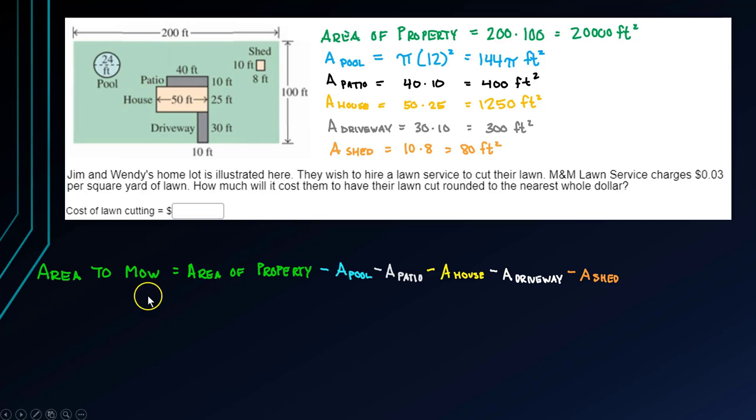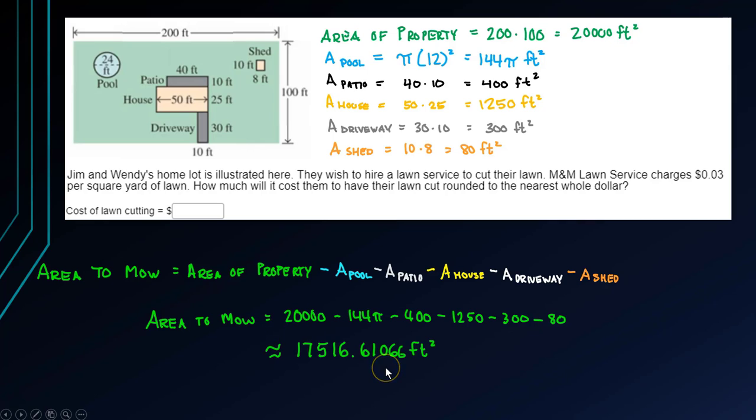I take 20,000 minus 144 pi minus 400 minus 1,250 minus 300 minus 80. When I do that, I get about 17,516.61066 square feet. I kept all the decimal places my calculator gave me, so I'm not rounding anything off yet. Next, I have to figure out the cost.